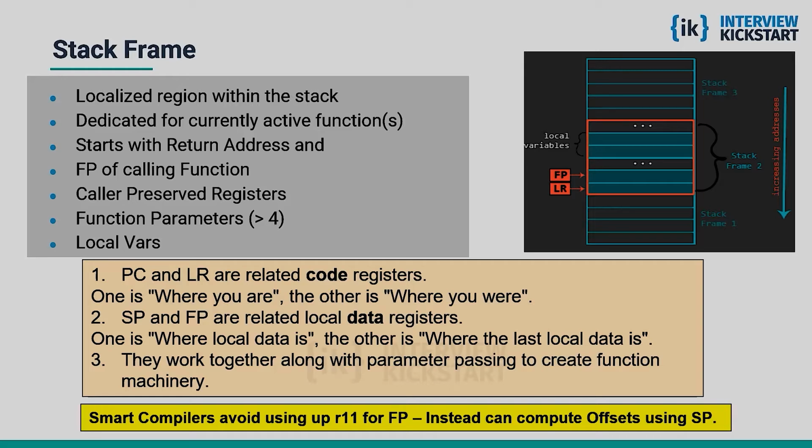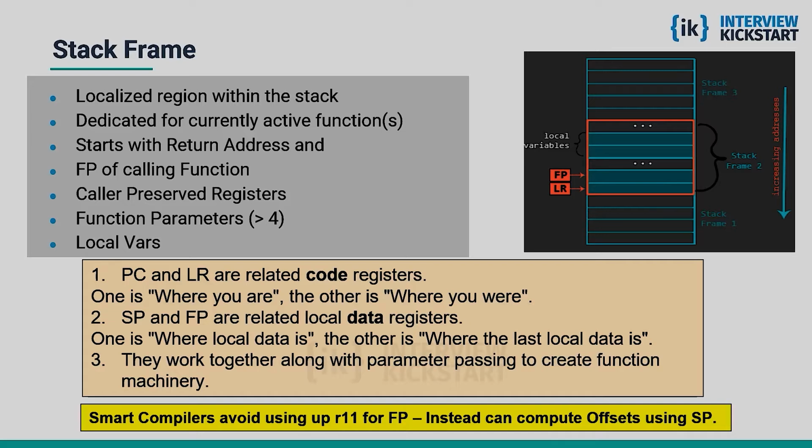The program counter always points to the next instruction to be executed. That is where you are currently. The link register is the saved version of the program counter, that is where you were before entering the function. So the PC and LR are code related registers. PC is where you are and LR is where you were before entering the function.